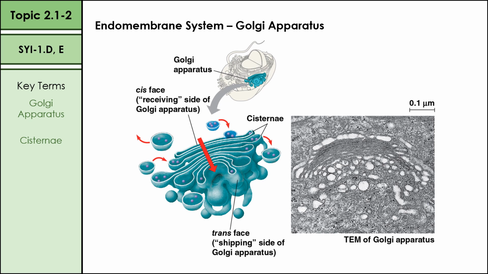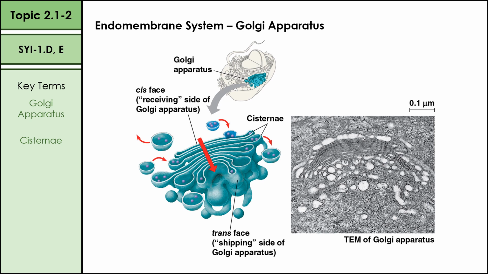So we have two faces of our Golgi apparatus. We have the cis face, which receives the proteins from our endoplasmic reticulum, and the trans face, which releases those proteins in another vesicle to carry them from one location to another.